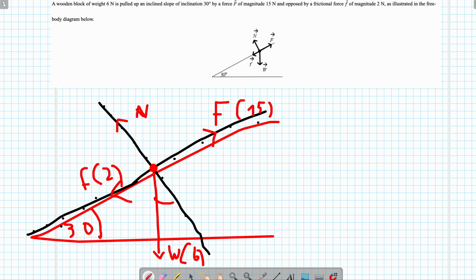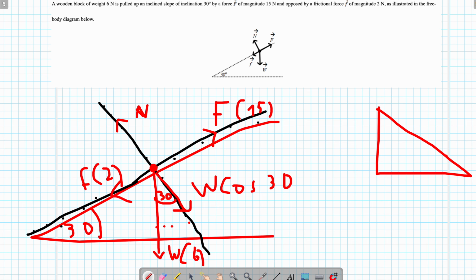We're going to start projecting it. So this is 30. This force will be W cosine 30. You can take it as a triangle.